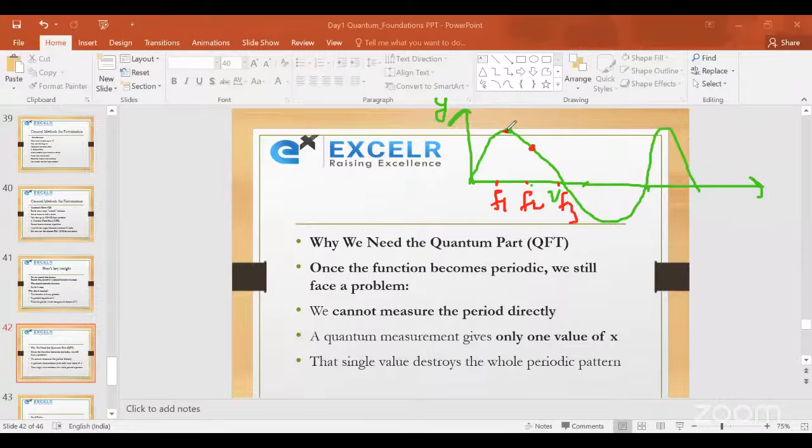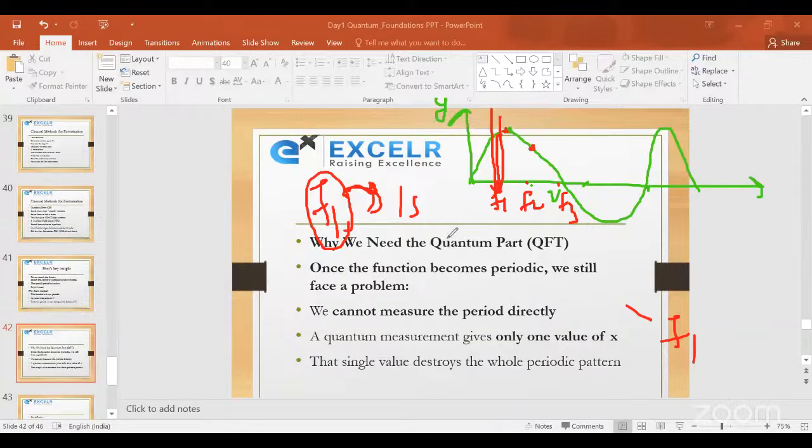When we are capturing the image at this point, we are left with the frequency f1. We know that frequency is how many cycles come per second. So this frequency itself comprises the information of periodicity.